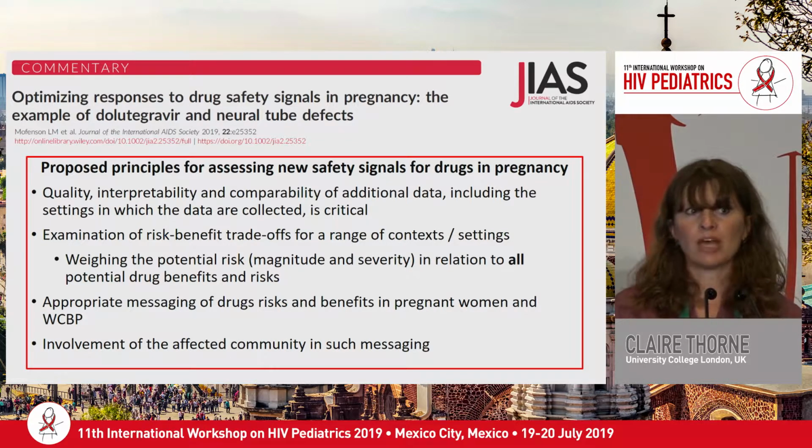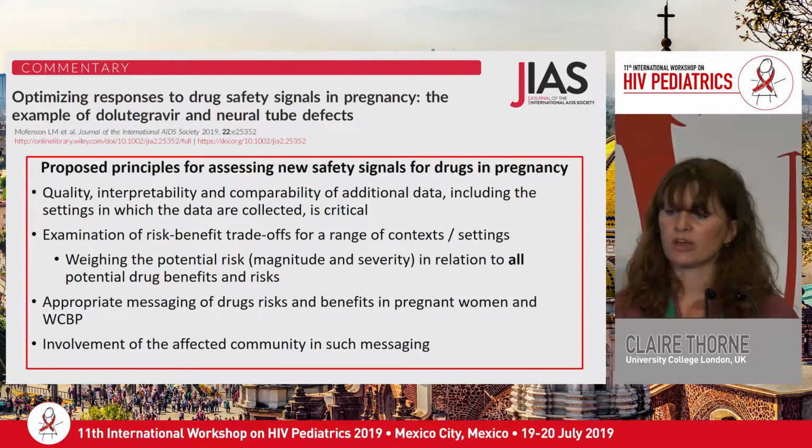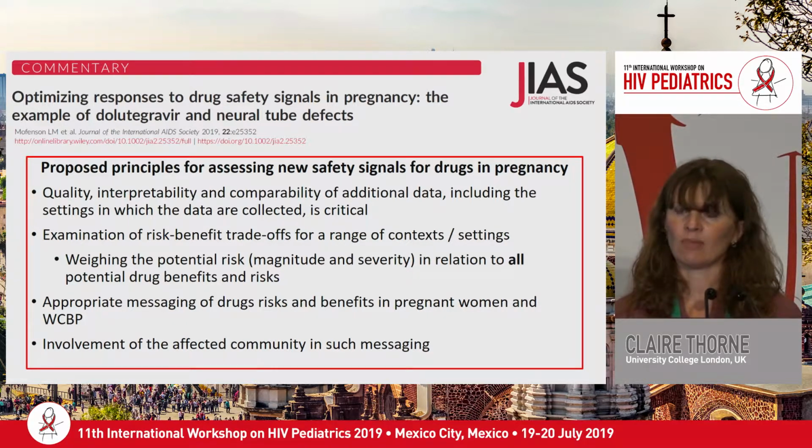So that white paper was published in the last week or so, and I just wanted to pick out the proposed principles for assessing new safety signals for drugs in pregnancy that came out of that.